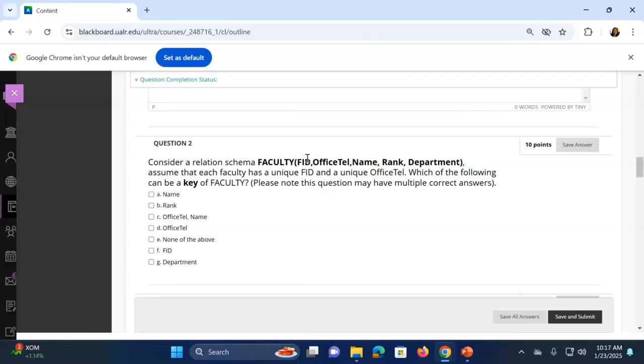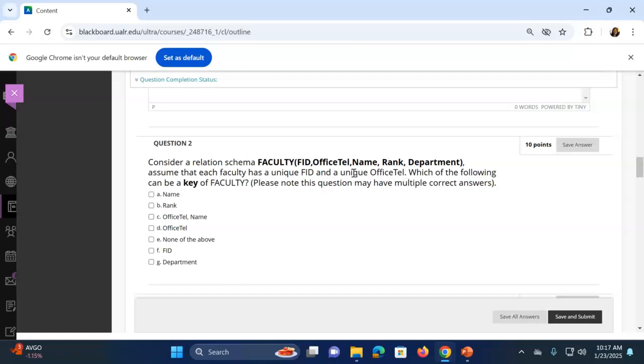So in this case, the unique FID is a key, and office telephone number is also a key. A key also satisfies the minimality condition, meaning that a key must be minimal. By minimal, we mean that it does not have redundant attributes, where redundant attributes are those we can remove while the remaining attributes still satisfy uniqueness.